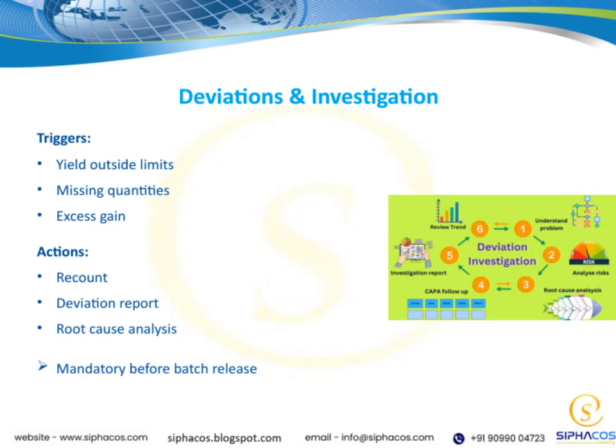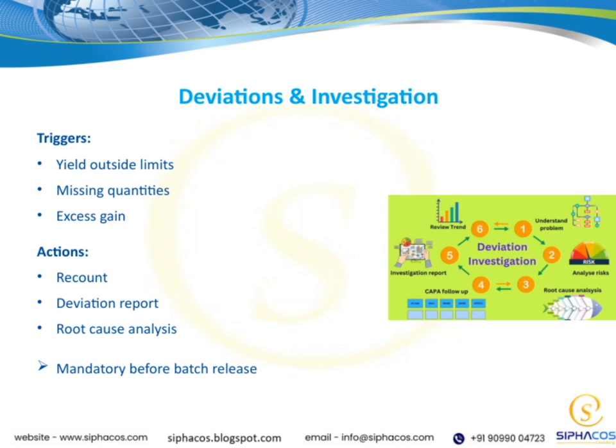Now let's talk about deviations and investigation. When we encounter certain triggers, such as yield falling outside the acceptable limits, missing quantities, or an excess gain, it indicates that something might be off in the process. These are critical warning signs that we need to look into further. The key actions we take in response include recounting, which means verifying the data or measurements to ensure accuracy.